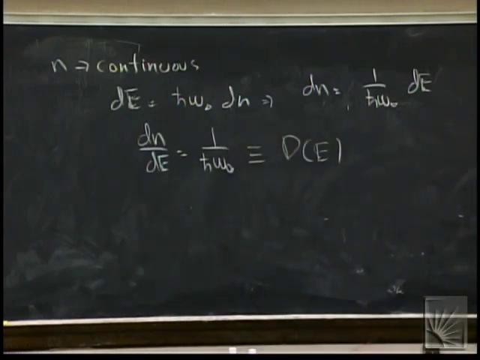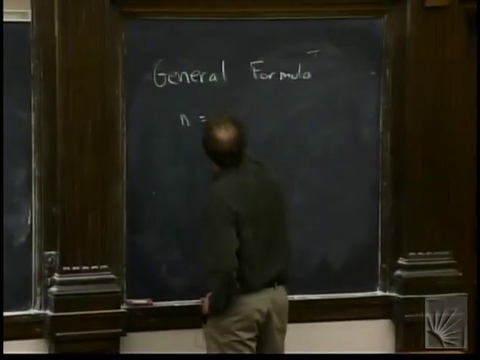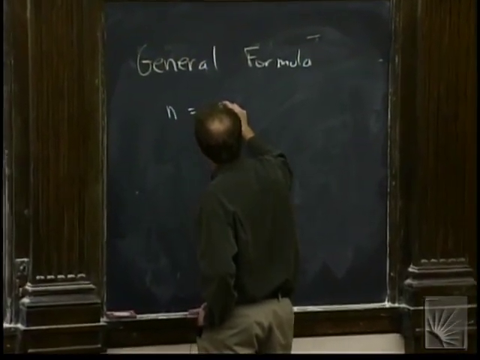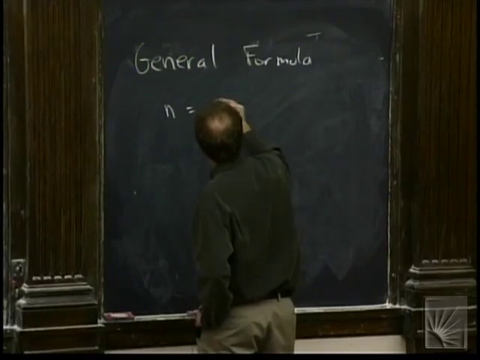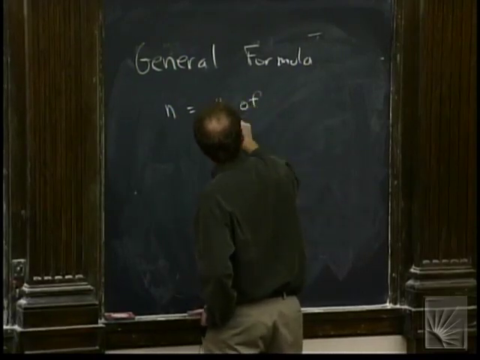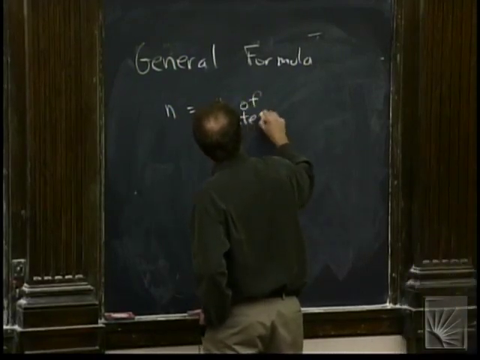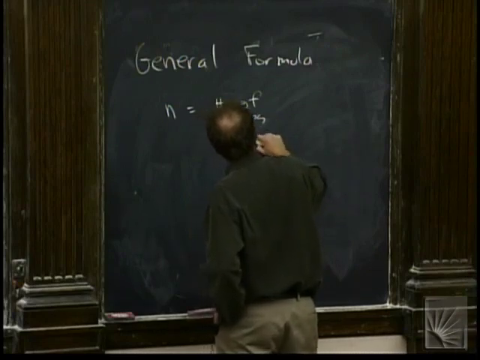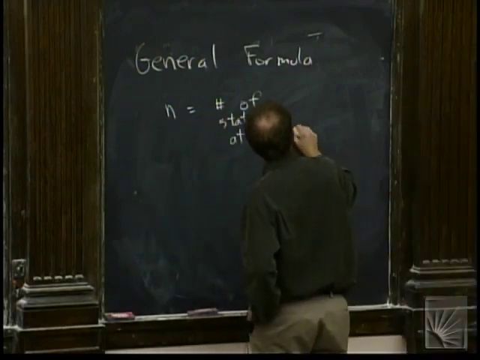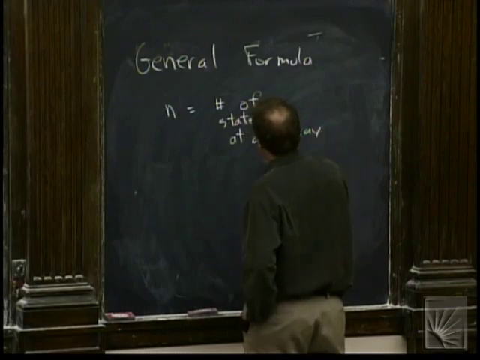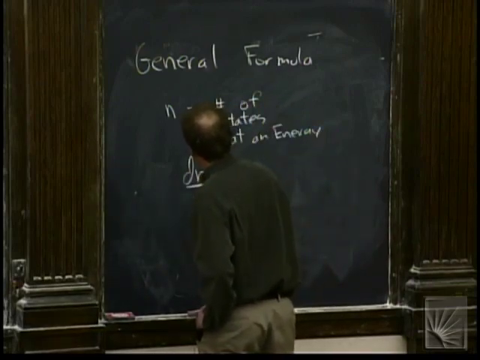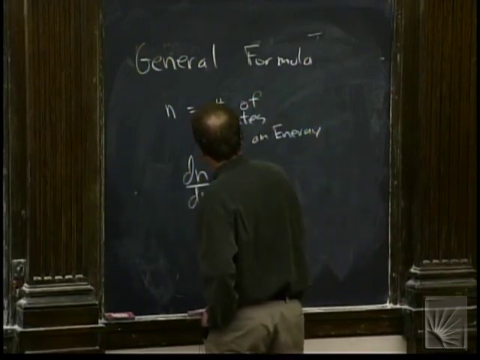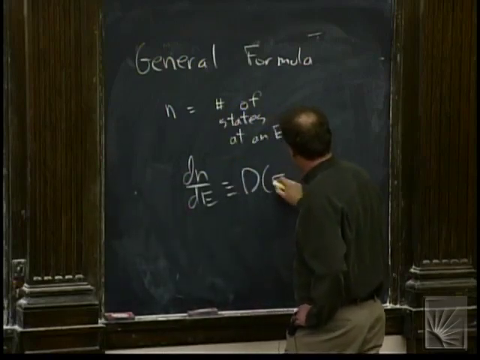The general formula is if n is equal to somehow a number of states at an energy, then dn/dE is equal to the density of states.